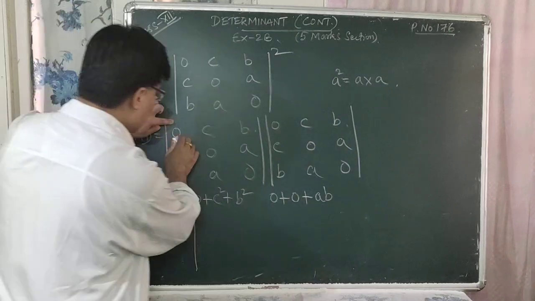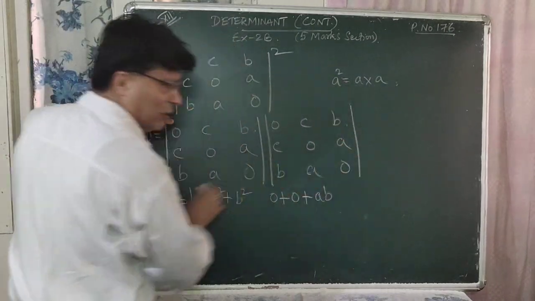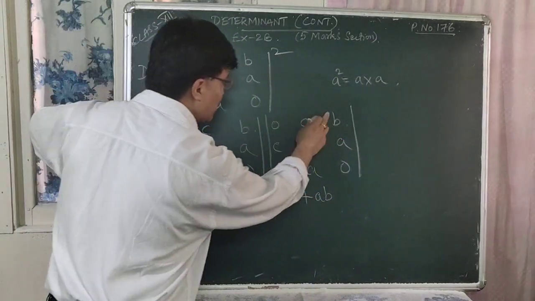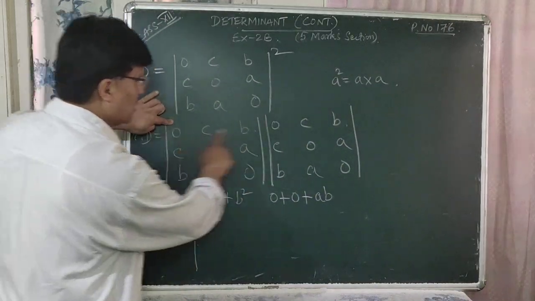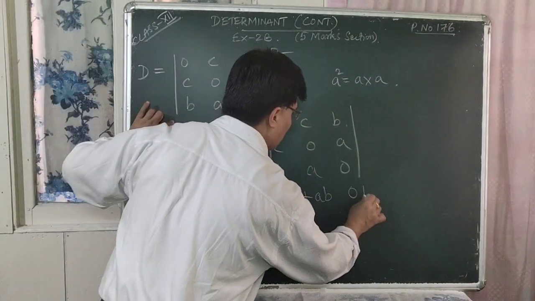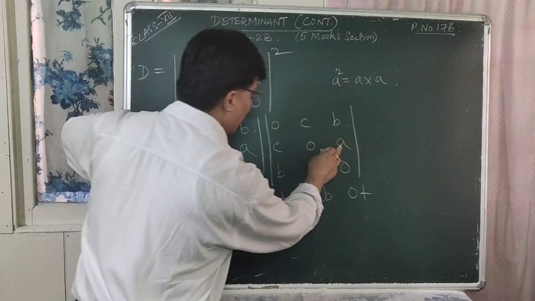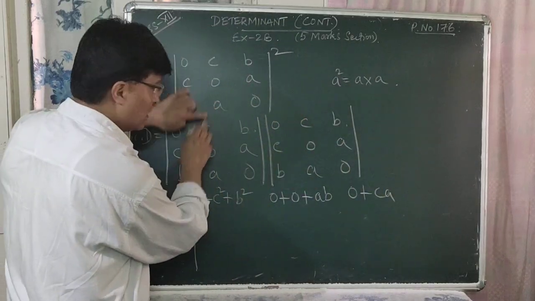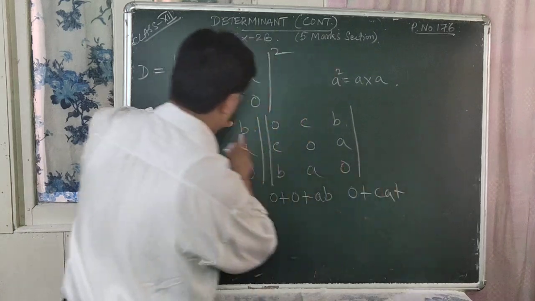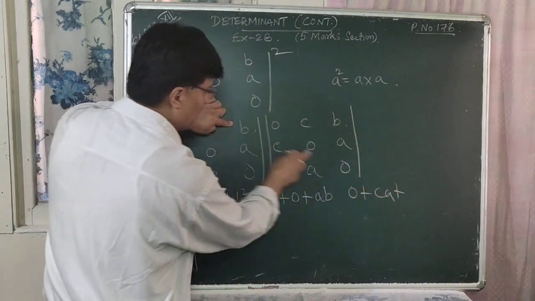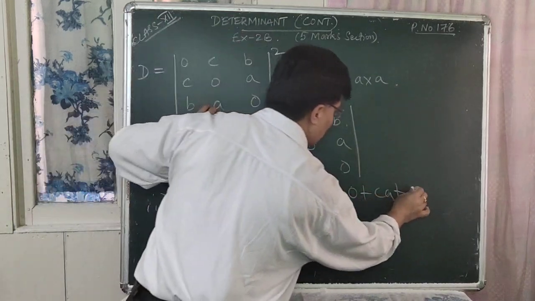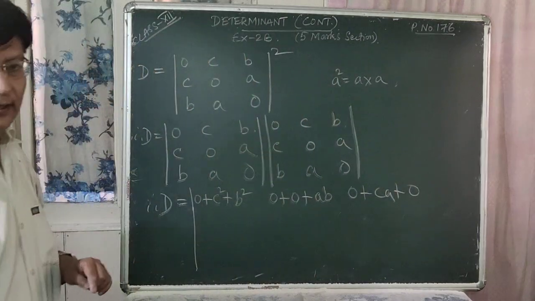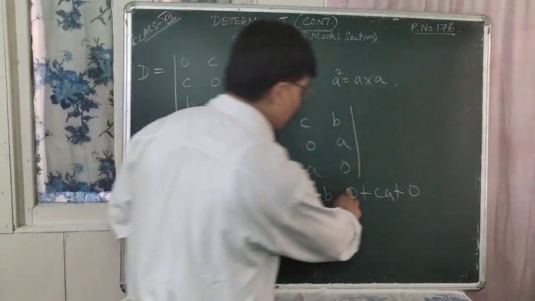Next, again this first row should be multiplied by third column. 0 into b, 0, plus c into a, ca, second elements are multiplied, then plus this b into 0, that is third elements are multiplied, that is 0. Is that clear? So this is the third element of the first row.